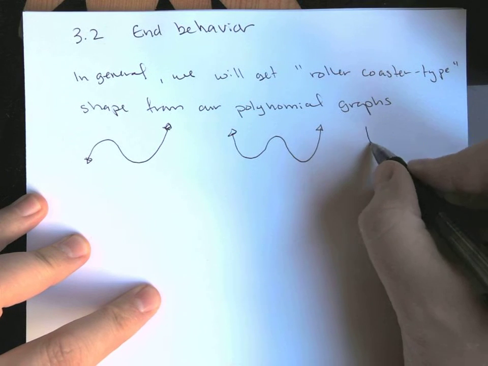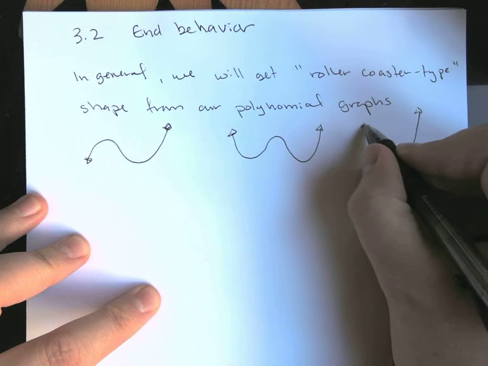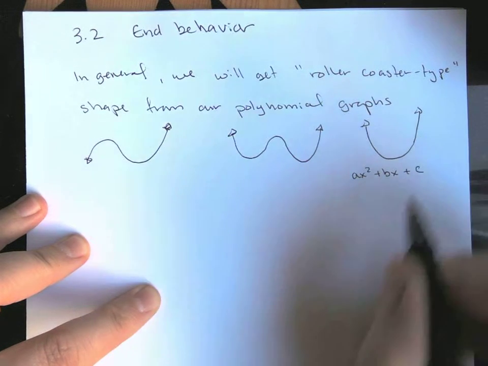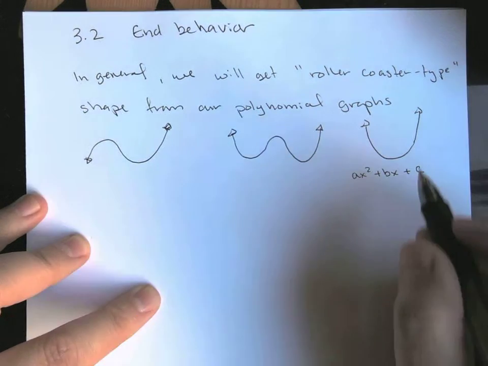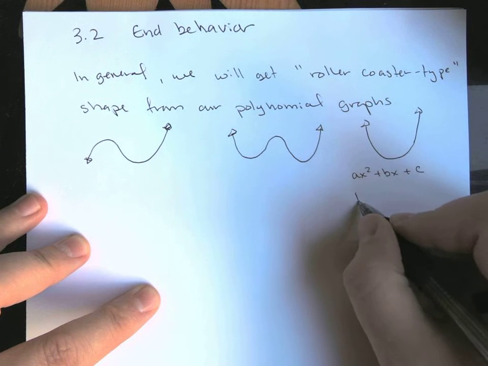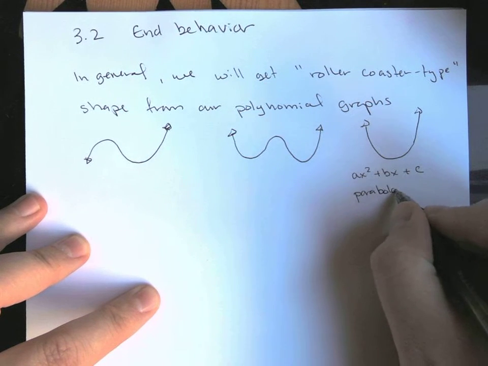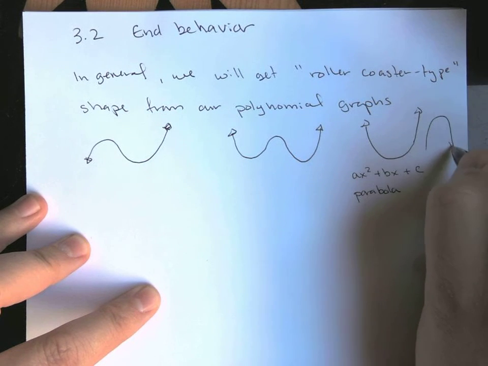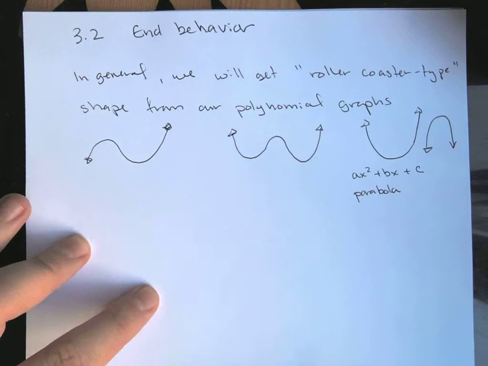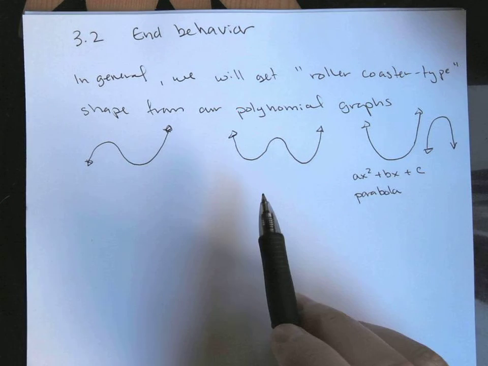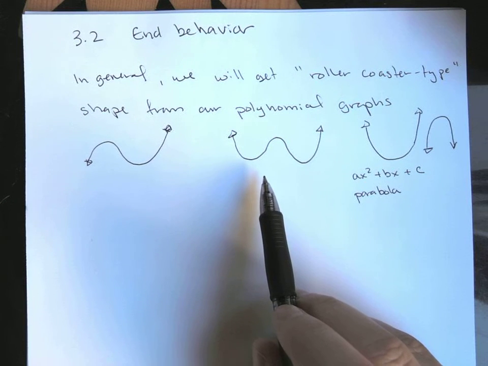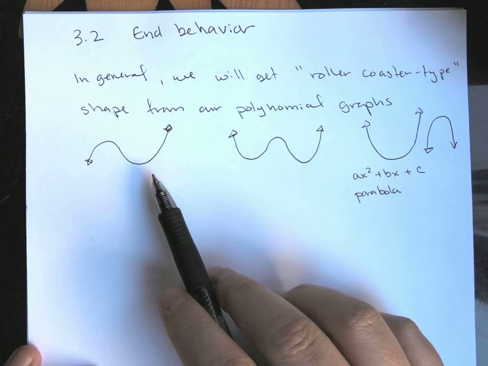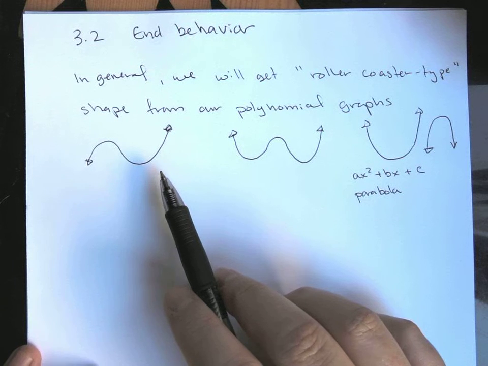So something like our classic quadratic, ax squared plus bx plus c, is going to give us some sort of parabola, which is either an up U or a down U. This would be the most complex, so maybe you're getting up to degree 4 or 5 here. This is maybe somewhere in the middle. Maybe this is degree 4 or something.